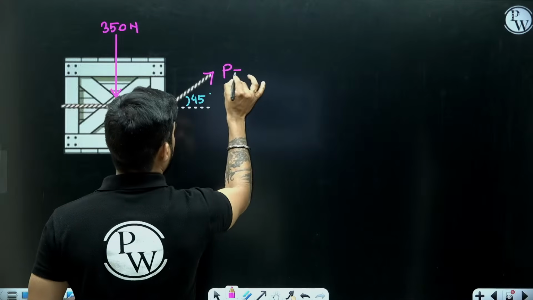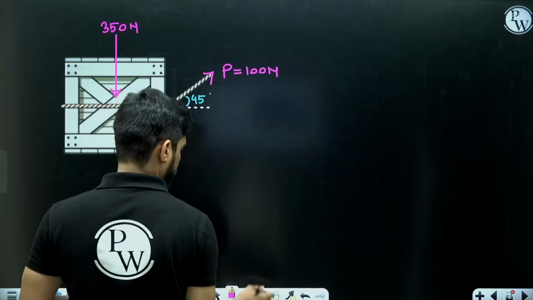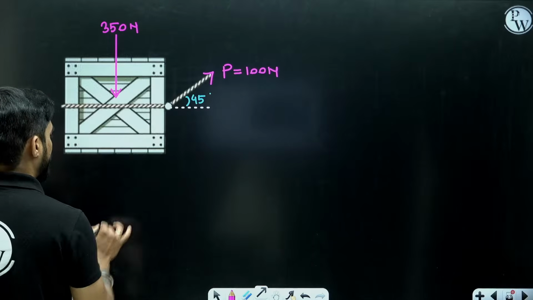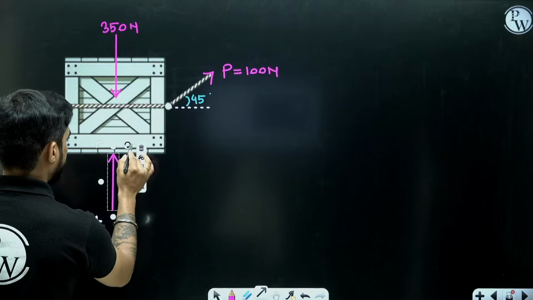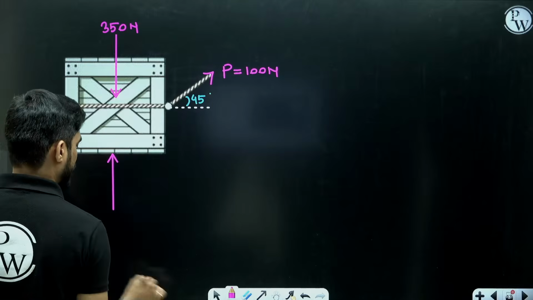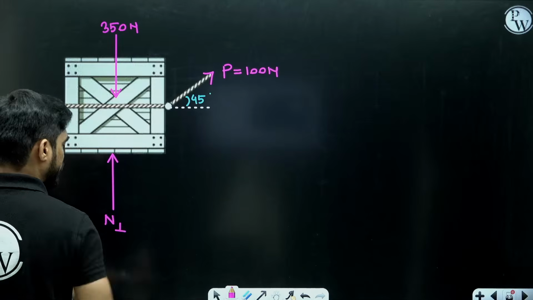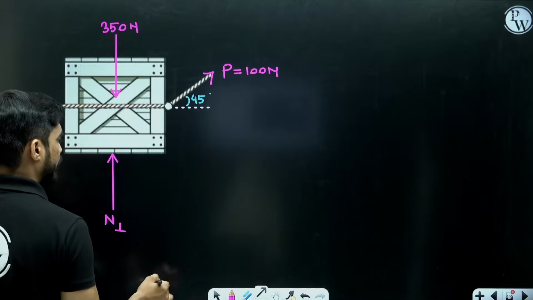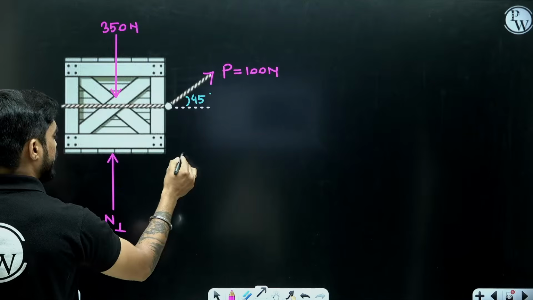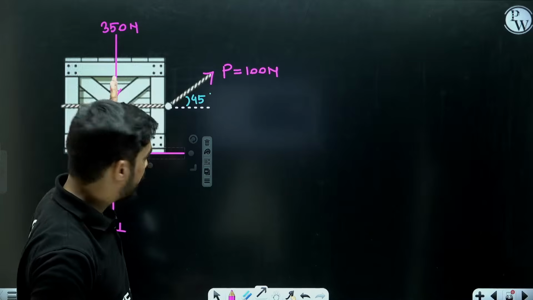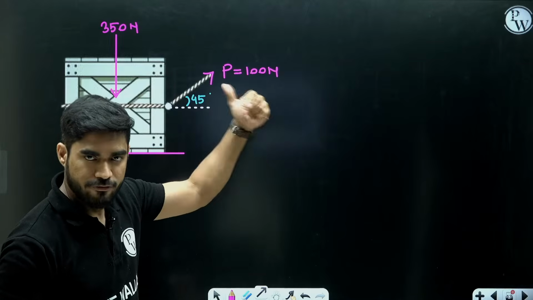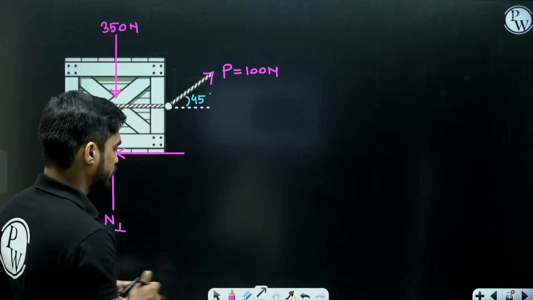This is 100 Newton. Now there will be a normal force between the crate and the floor. Let me call this normal force N1, and there will be a friction force opposite to the motion. So we are trying to move this crate towards the right. So the friction force will be towards the left.